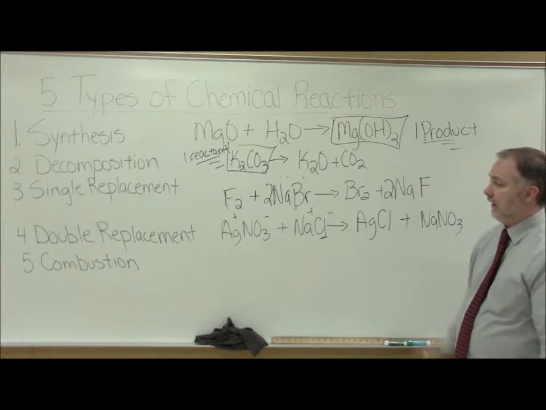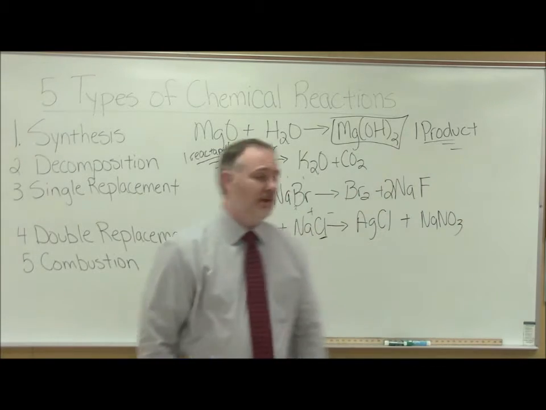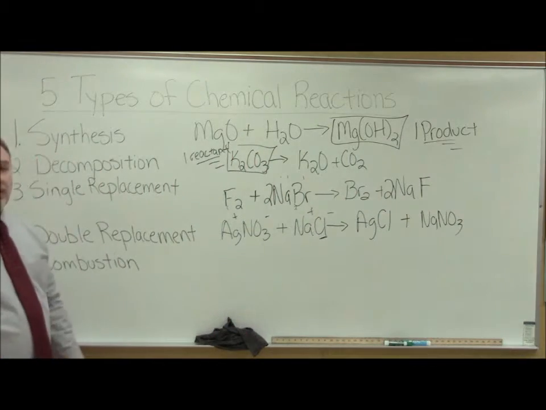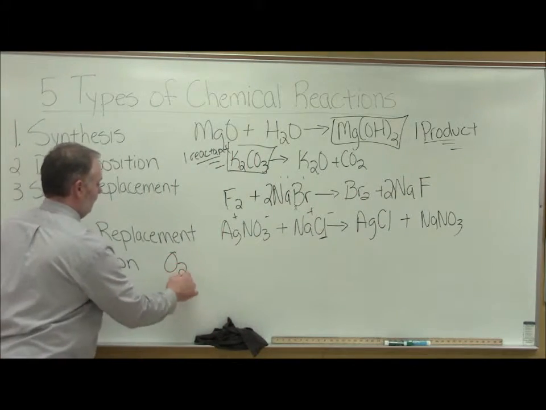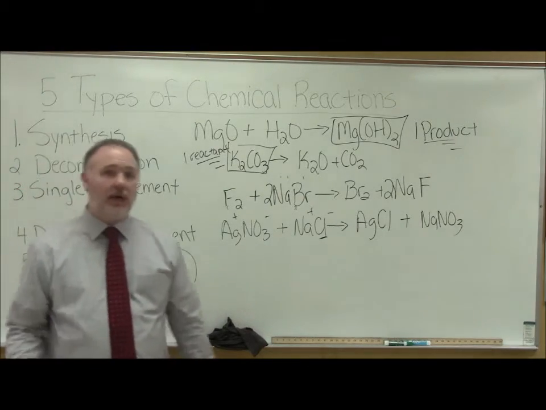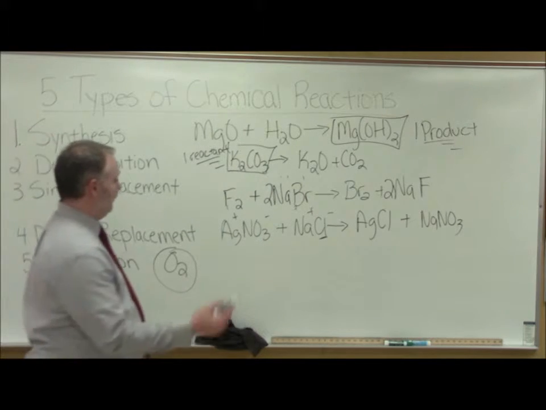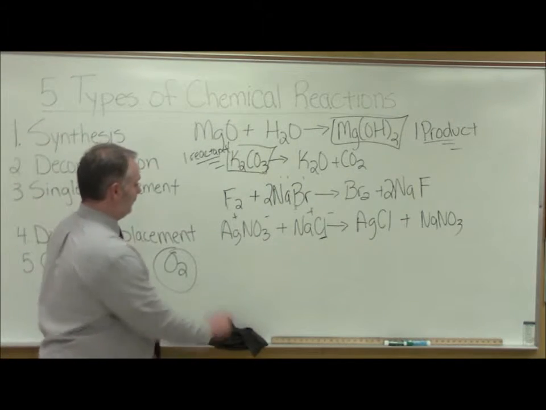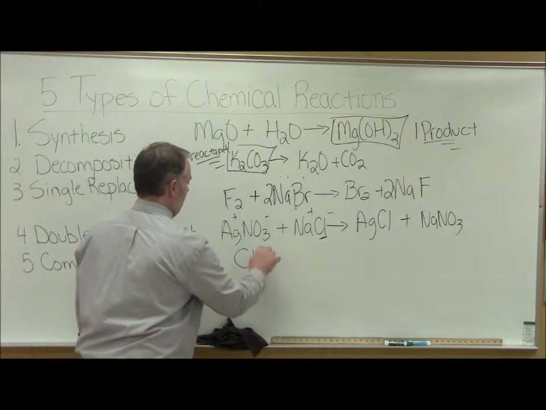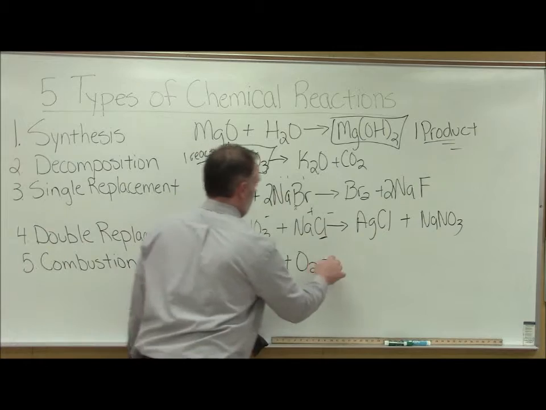Right? And now the last one, combustion. The key thing about combustion is this, is you're burning something in the presence of oxygen, O2. Oxygen has to be one of the reactants in order for it to be a combustion. So he did one where there was carbon in it, so I'll do an example of that. Let's say we burn methane gas in O2.